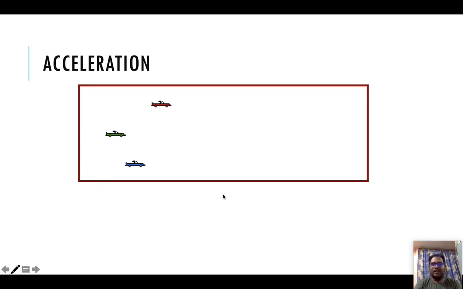So here again you can look into it. This particular green color car is moving with a uniform change in position. You have a linear scale. Whereas this particular blue color car is starting slowly but increases the pace of its motion. And this particular red color car initially moves faster but gradually reaches a saturation point.